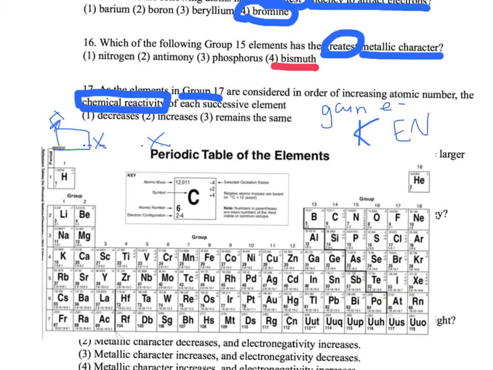So we'll want to see how the electronegativity changes as we go down the group. As we look up electronegativity on the periodic table, we see fluorine is the most electronegative atom. Since fluorine has the highest electronegativity, as we go down the group, we get lower electronegativities. Our chemical reactivity actually decreases.